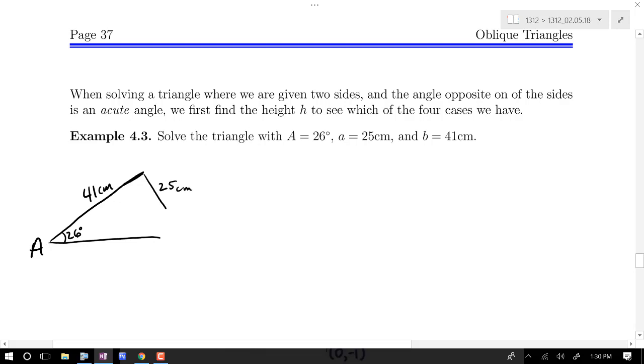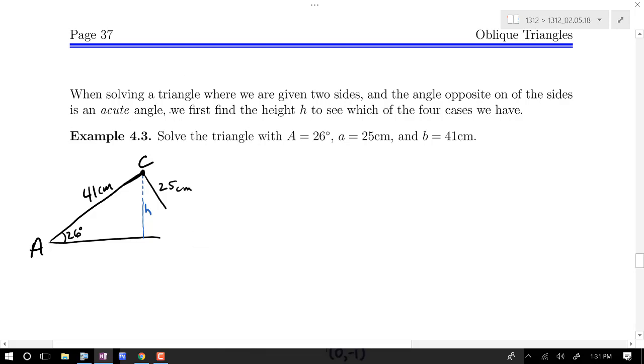I'm not even drawing it all the way right now. I'm not going to assume this makes a triangle yet. My first question is, can this make a triangle? So what I'm going to do is drop down this perpendicular, which is H, and figure out what H would be. This point at the top is point C. B might be somewhere over here if this even is a triangle.